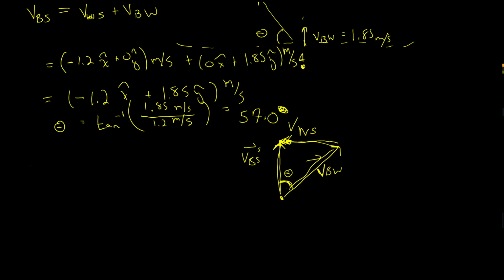And so we know that the velocity of the boat relative to the shore is equal to the velocity of the water plus the velocity of the boat in the water. And so this angle here is going to be related to the opposite and the hypotenuse, because I know these. I know this one, and I know this one. I don't know this one. I don't know how fast it is going across that way.